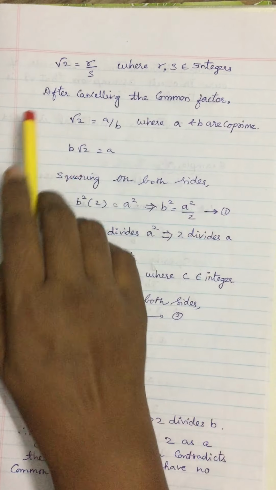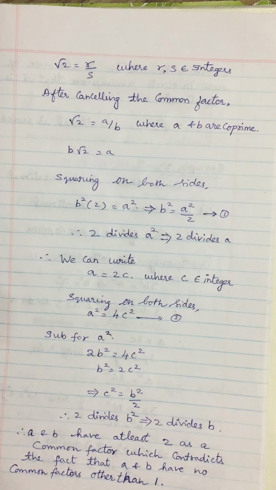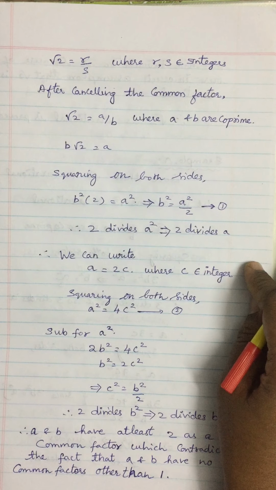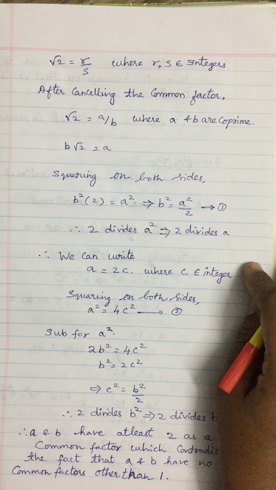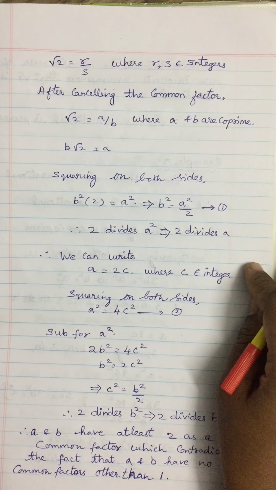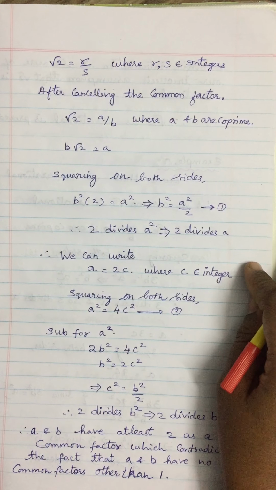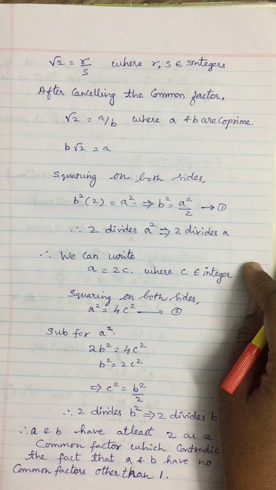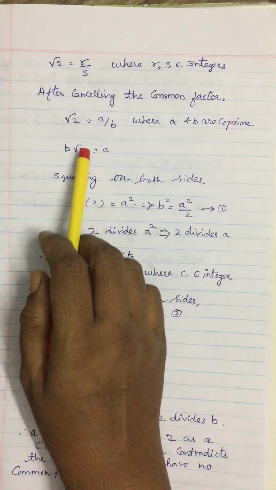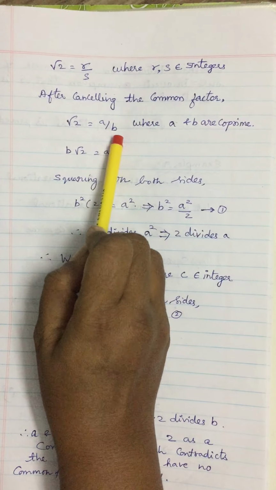And then, root 2 is equal to, since I have assumed root 2 as a rational number, it can be written in the form of a fraction. Fraction is nothing but P by Q form, where P and Q are some integers. Here I have taken R and S. R and S are some integers. I am assuming some common factor is between R and S. So after cancelling that common number between R and S, I am writing new integers A and B. Root 2 is equal to A by B. How am I getting this?